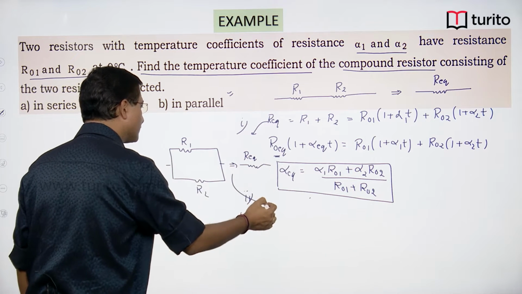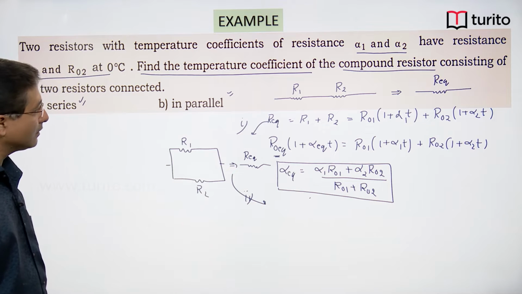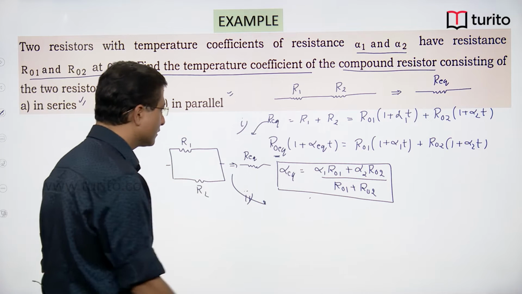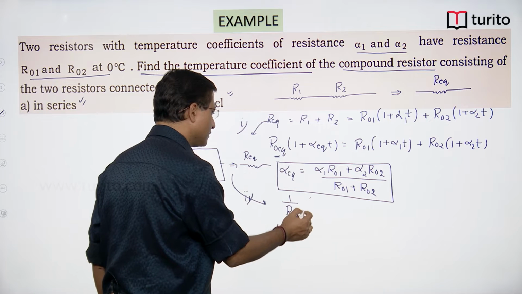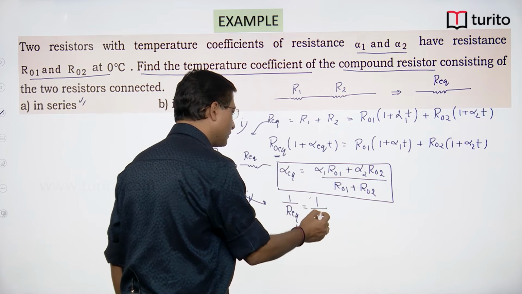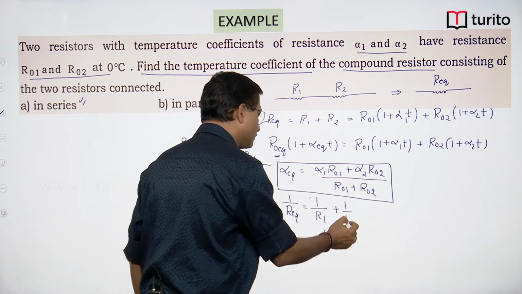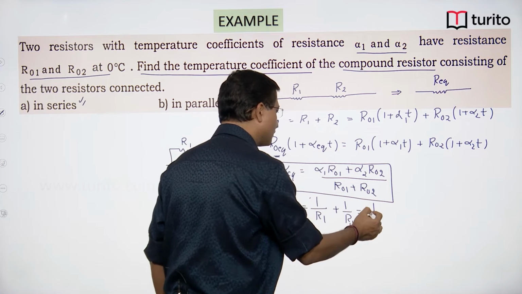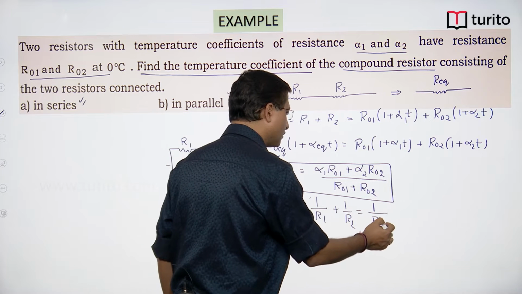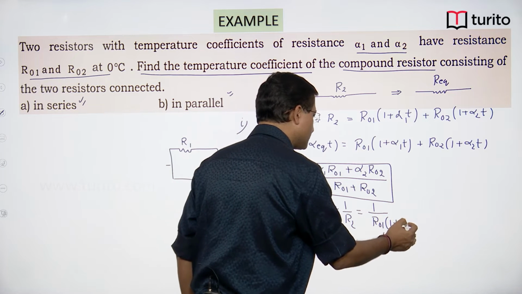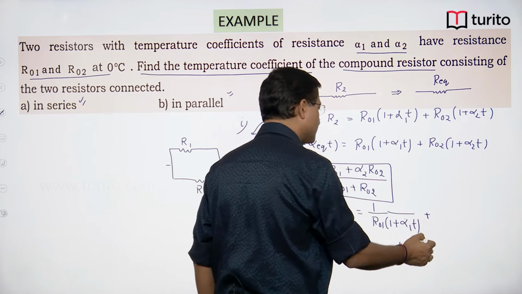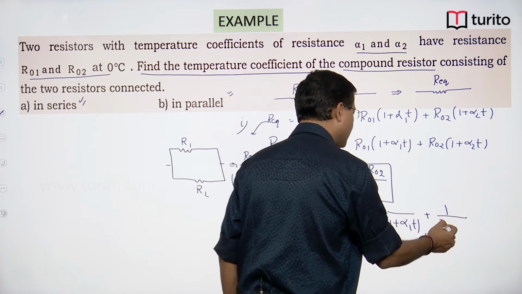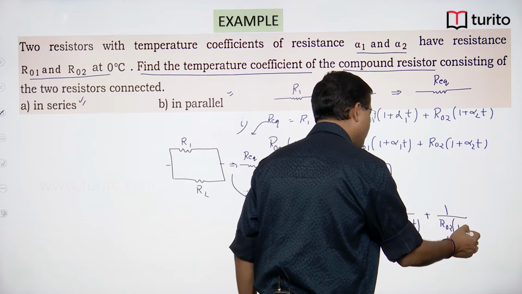For this situation I can apply the formula: 1 upon R equivalent will be equal to 1 upon R1 plus 1 upon R2. This can be written as 1 upon R naught 1 into 1 plus alpha 1 t, plus 1 upon R naught 2 into 1 plus alpha 2 t.